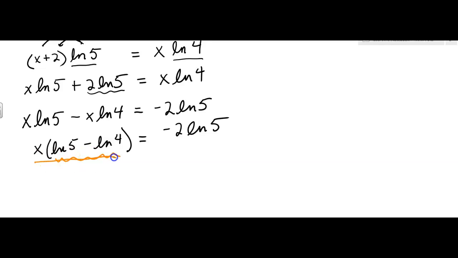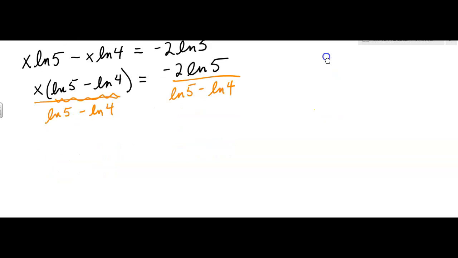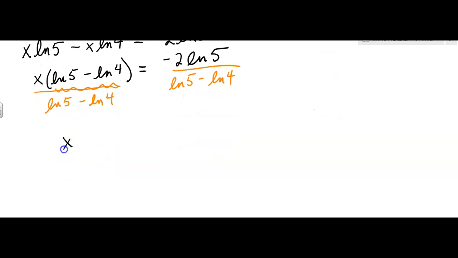So we're going to divide by that number on both sides. So you get x equals negative 2 natural log 5 over natural log 5 minus natural log 4.